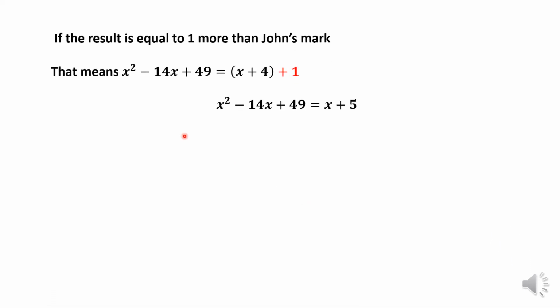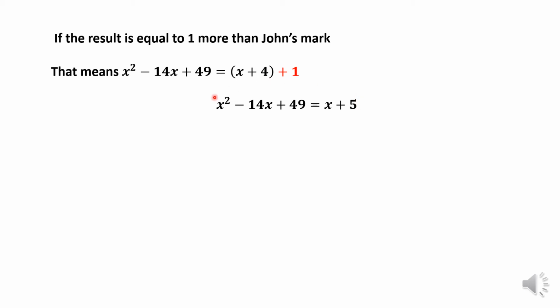The question continues to say that the result is equal to, which means we have that from our previous work. We say that is equal to, now we know that John's mark is X plus 4, but it should be 1 more. You see what I did here in red? I've added that. Of course, these brackets don't mean anything because the signs are all the same, so you can remove them and they clear up and give you X plus 5.